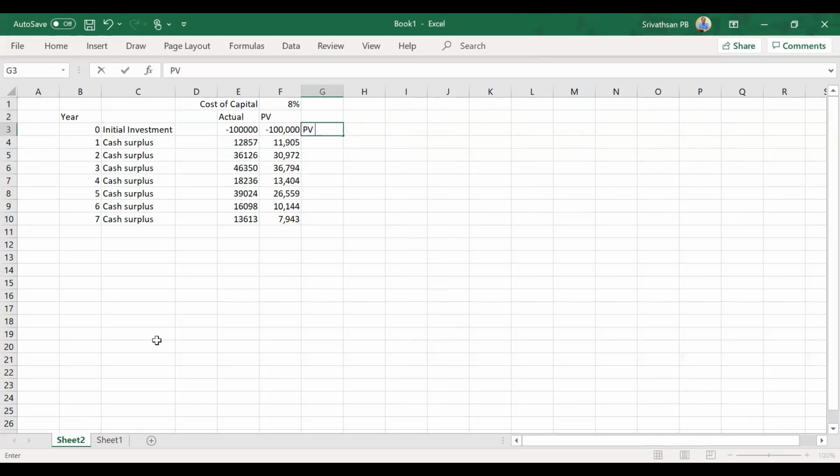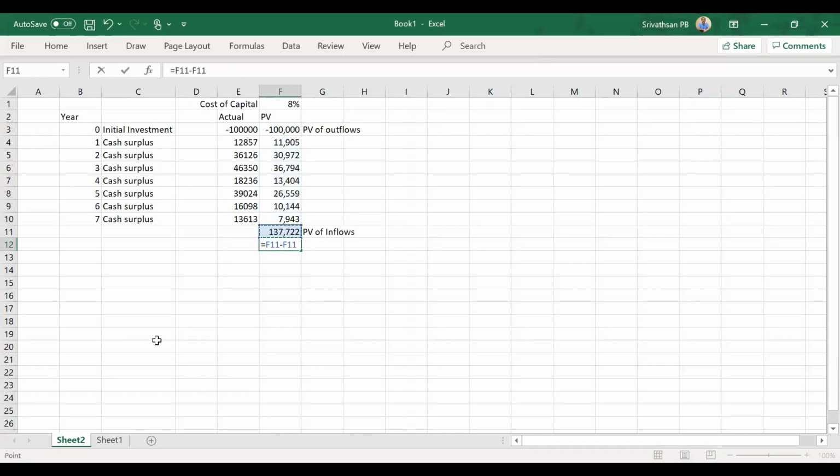So this is my PV of outflows, and PV of inflows. If you notice, I've excluded that 1 lakh investment.